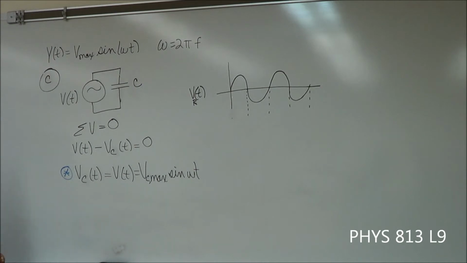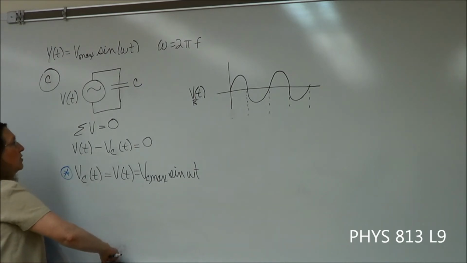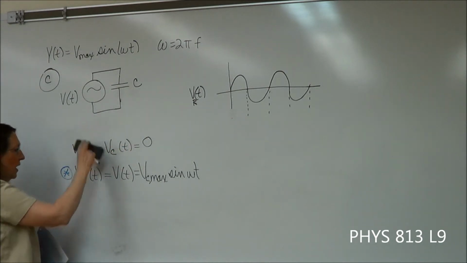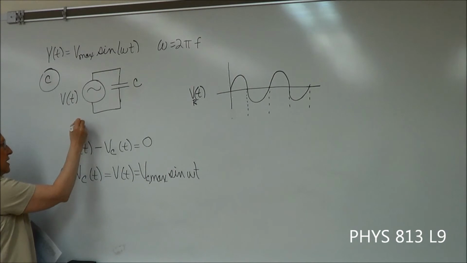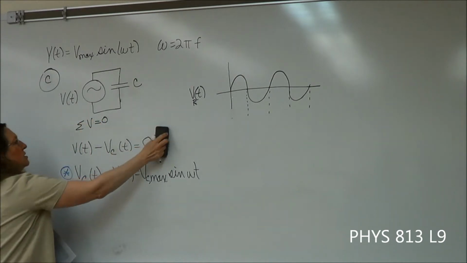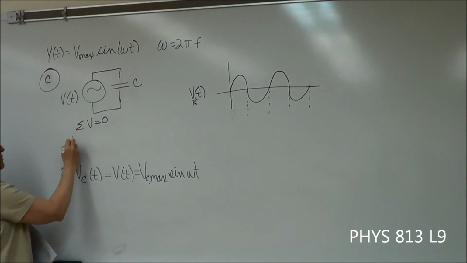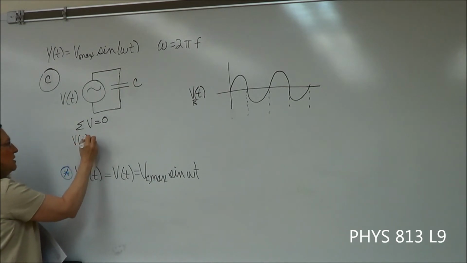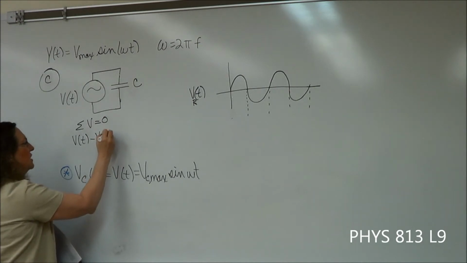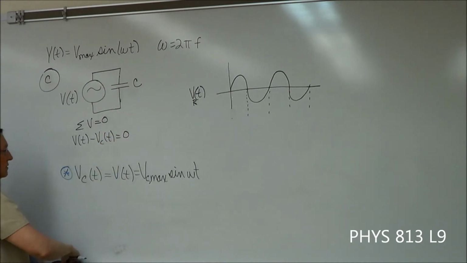Now we need to do something with current. And actually what I'm going to do, if you've been writing things, you'll have everything right. I'm going to write this a little bit smaller, so then I have some more room. V of t minus V C of t equals 0.